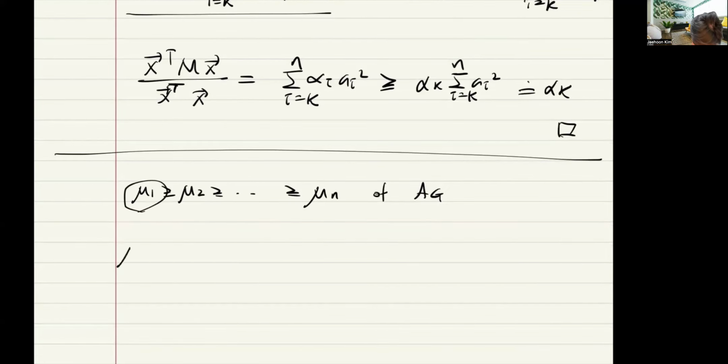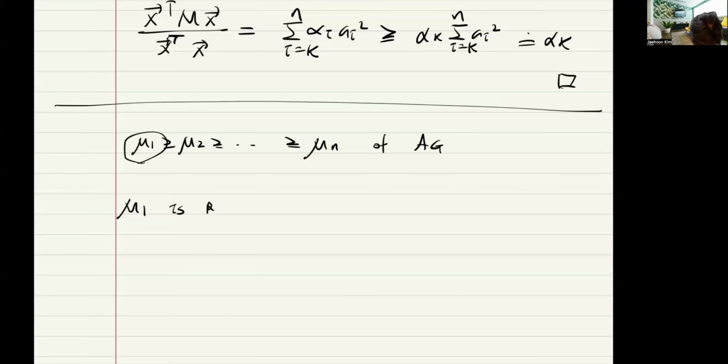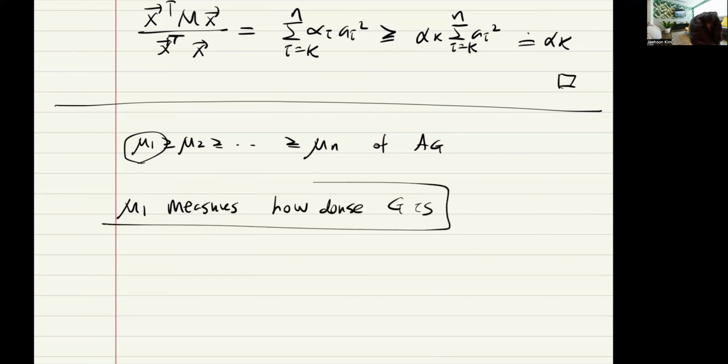First, this mu1 roughly measures how dense the graph is. Meaning that if G has more edges, then mu1 tends to be bigger. If G has fewer edges, more sparse, then it tends to be smaller.